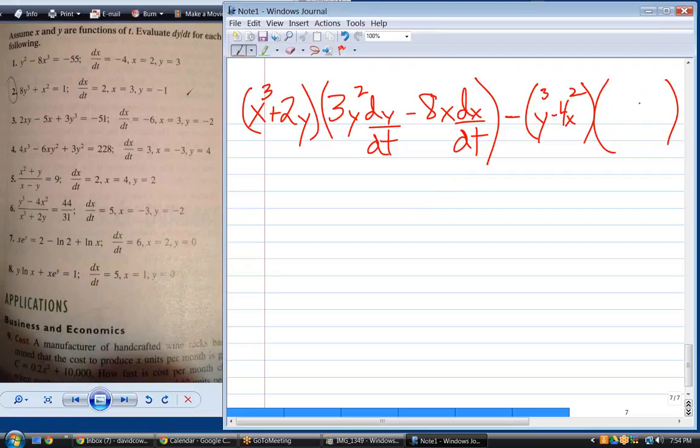So let's see. We still got the derivative of the bottom. Yeah, so 3x squared, and then dx dt plus 2 dy dt.